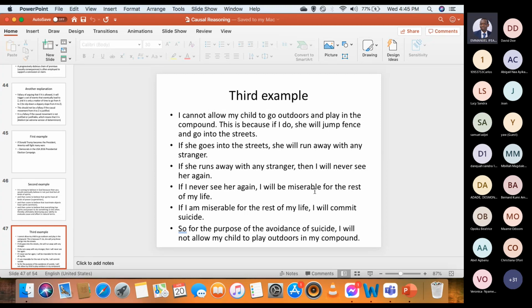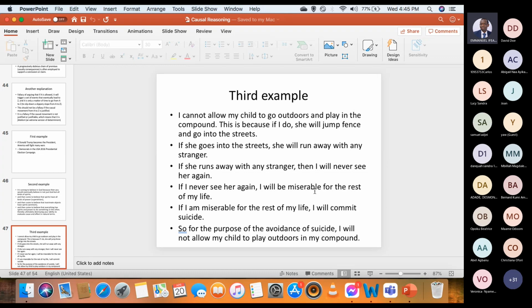So you can see a long chain of causes being adduced as the reason why something should not be allowed to happen. You can say it's a slippery slope because you can allow your child to play in the compound and she wouldn't jump the fence.